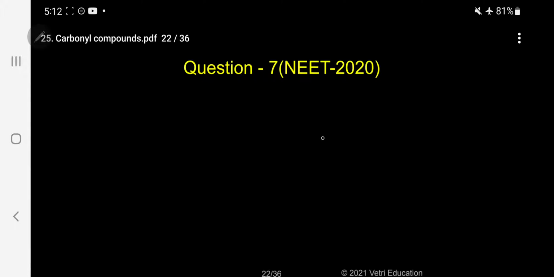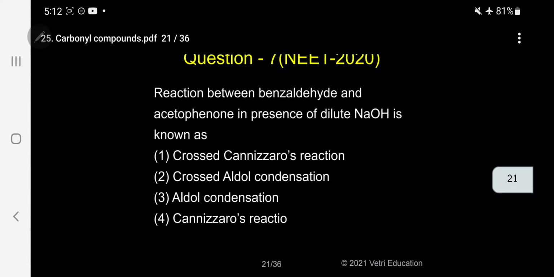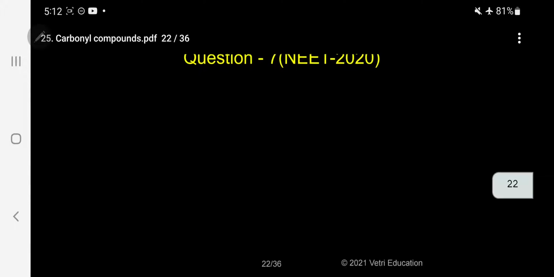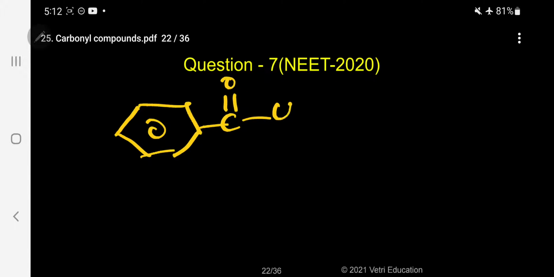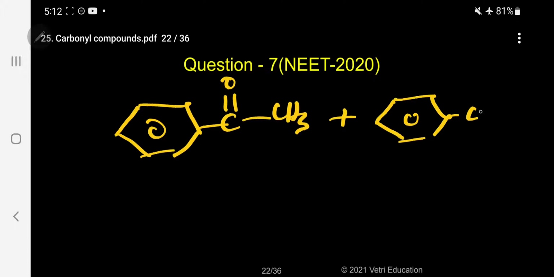What is the question now? Kindly follow. Reaction between benzaldehyde and acetophenone. This is the acetophenone. This is again benzaldehyde. Kindly follow. Here is alpha hydrogen. Here there is no alpha. But they undergo reaction.